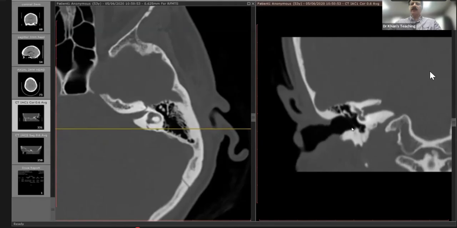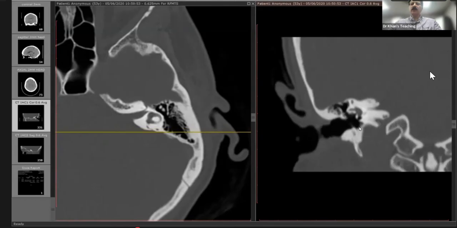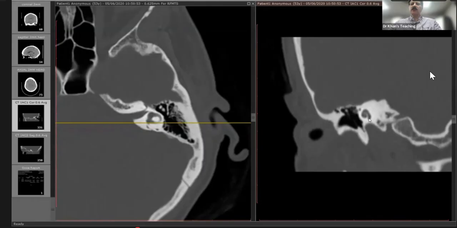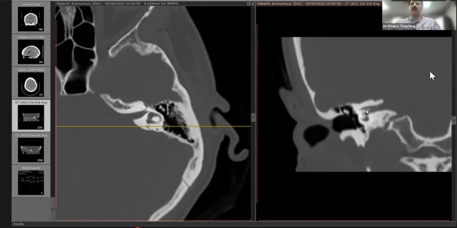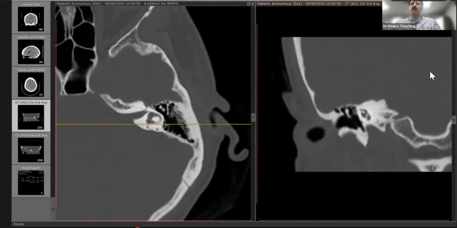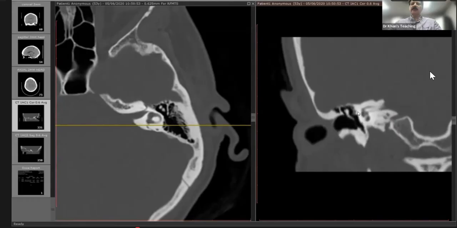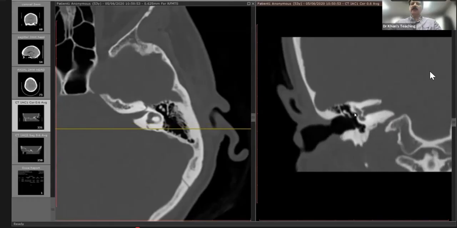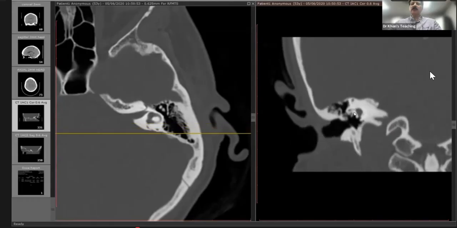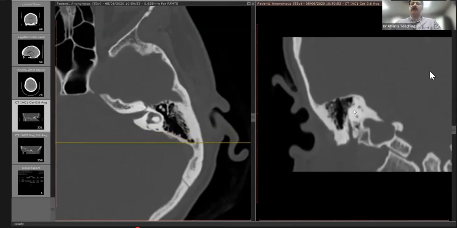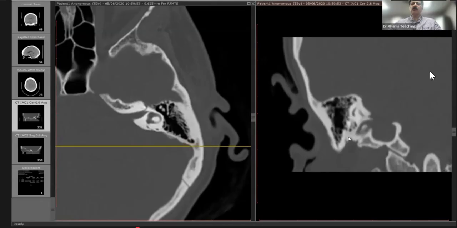From here till here is the mesotympanum. Hypotympanum is not important. This bulge here is made by the cochlea, which is this thing, the cochlea. The facial nerve is coming from here. This is the dot, which is the labyrinthine portion, the geniculate ganglion, and then the tympanic portion, which passes underneath the lateral semicircular canal. And this is the descending portion.